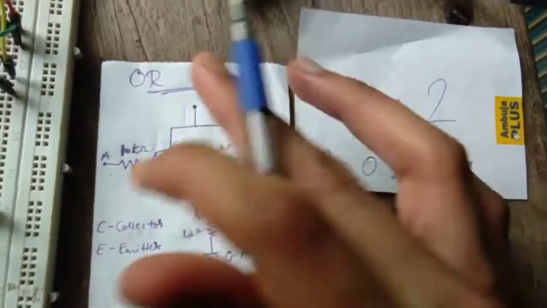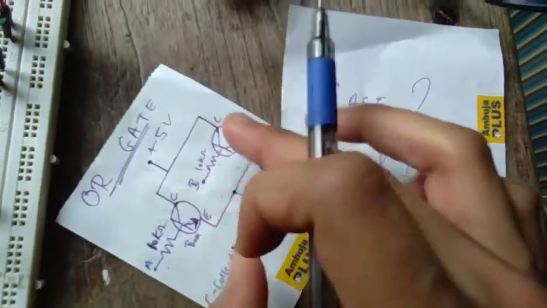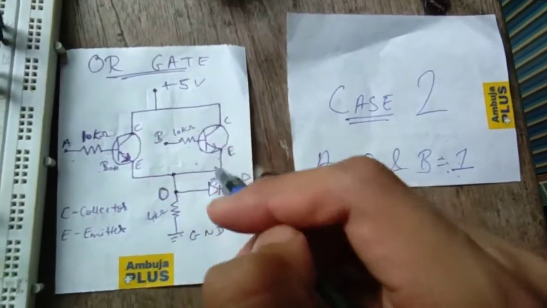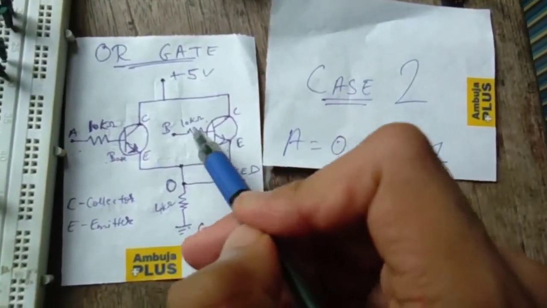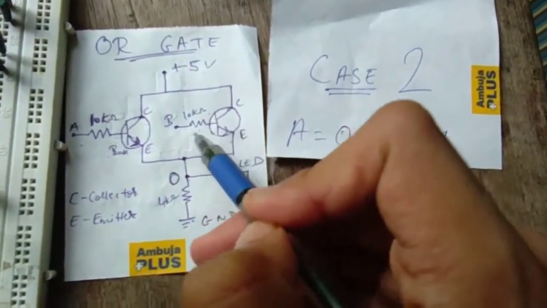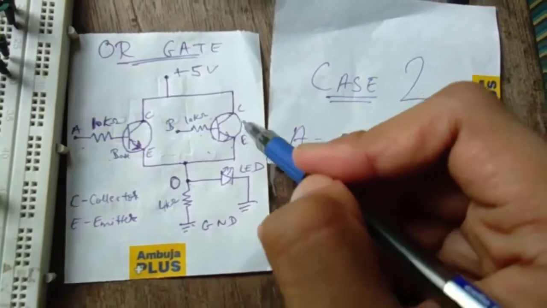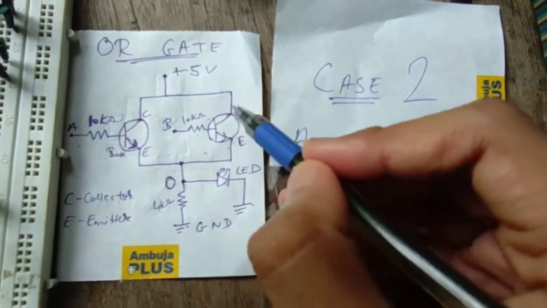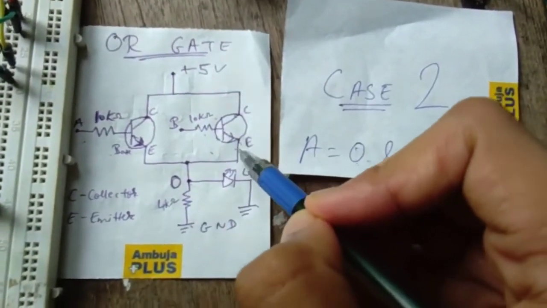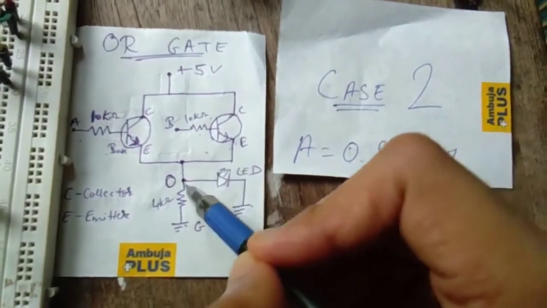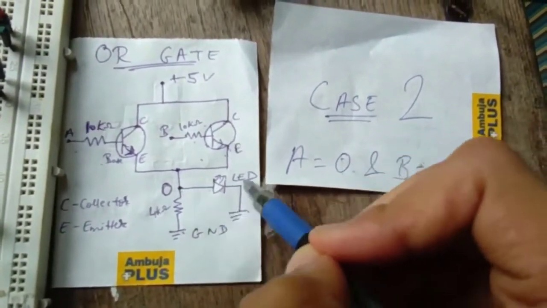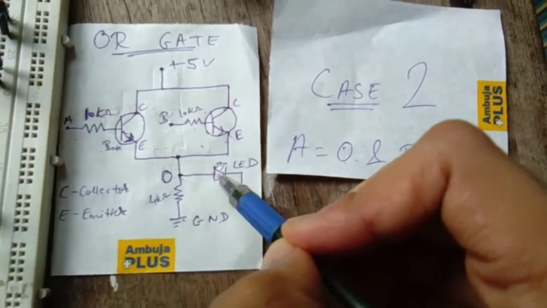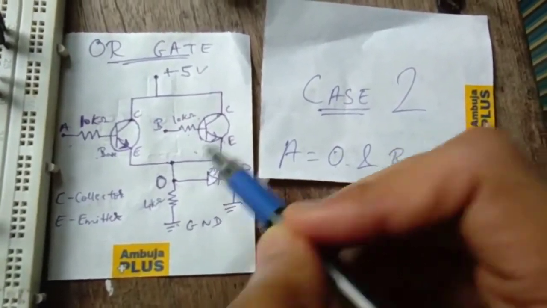We can just consider that there is no connection here. There's a connection only in this part, because B is 1. So this base is receiving high input. So there is a connection between collector and emitter in this part of the circuit. The 5 volt goes from here, and the current passes from collector to the emitter. Since there is a high input at this emitter, its output also receives high input, and hence this LED also receives high input and the LED turns on.